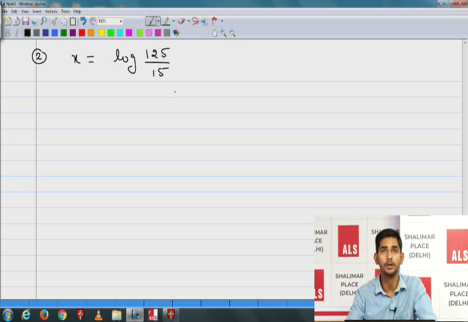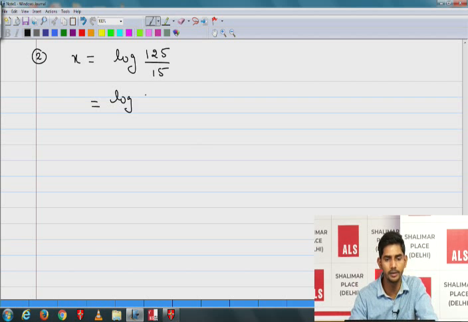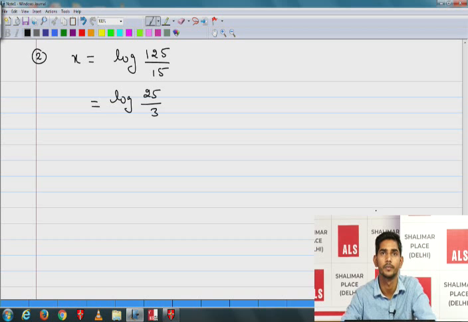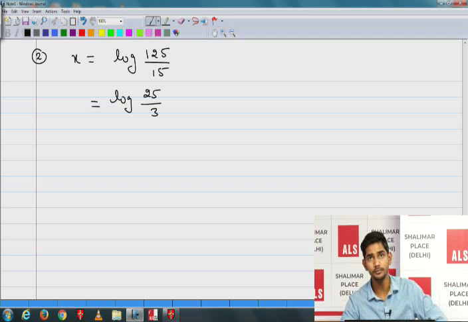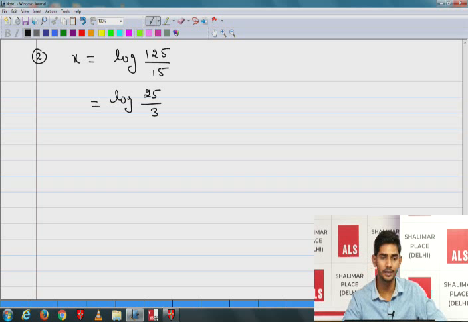First of all, guys, try to break it into simpler numbers. So I can write it as 25 by 3. How? I have divided both the numbers by 5. And after that, I'll get this number.